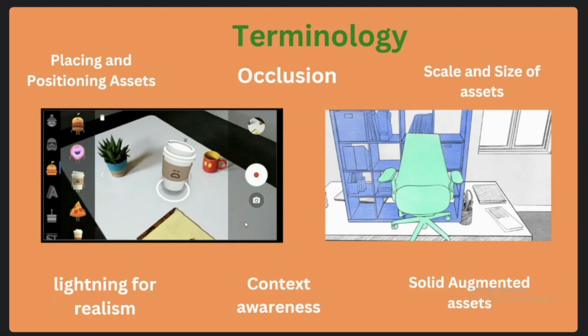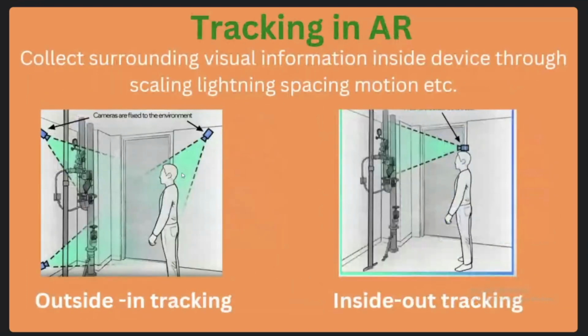That model should be like a solid real object, so that if we go inside that virtual model, it should not show that we are using some sort of virtual content. That should be like a solid augmented asset. So these are the terminology we use in the AR experience.